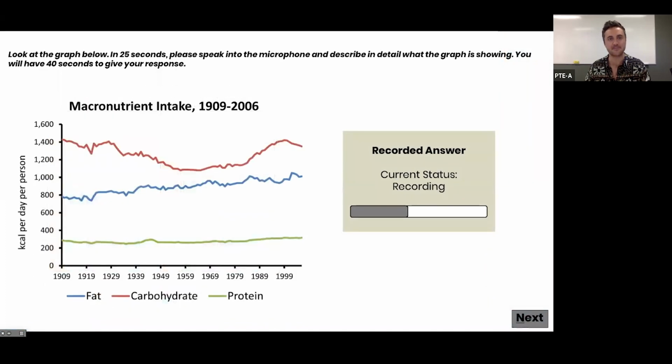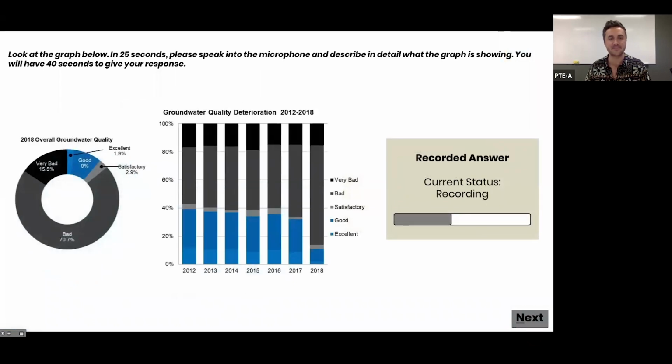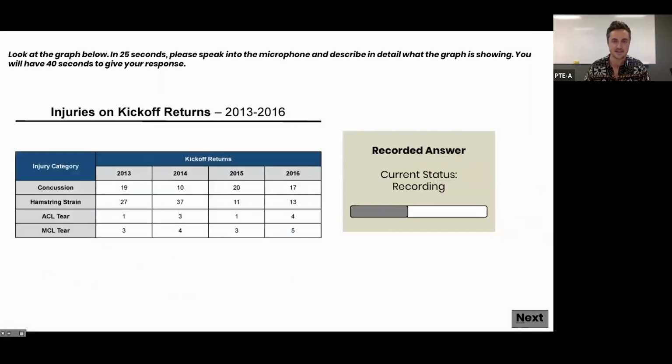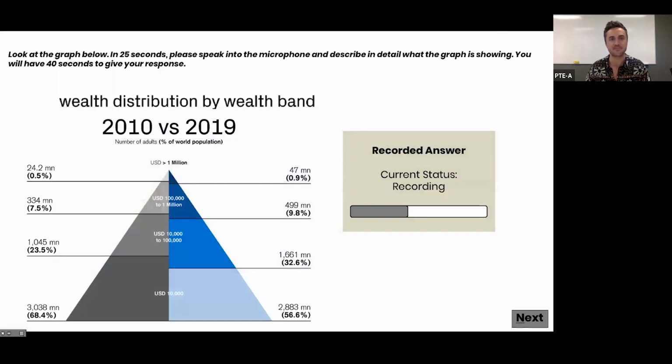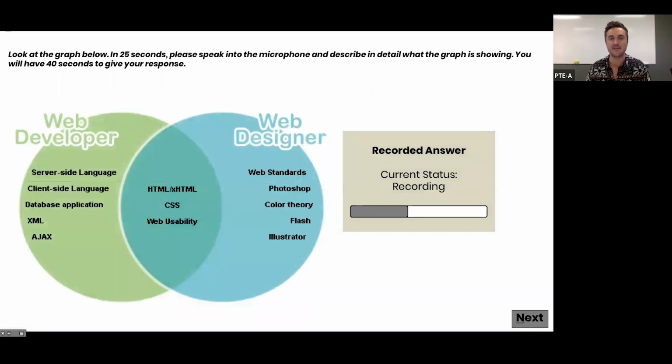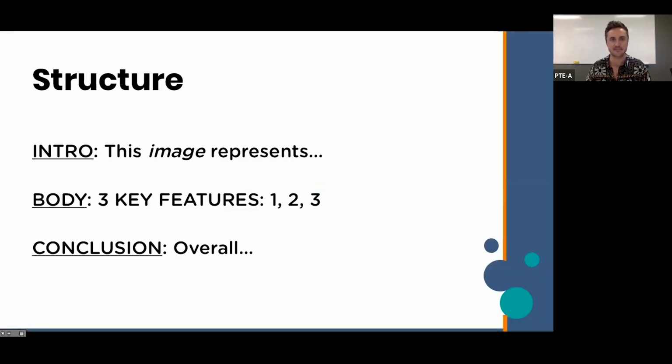Bar chart, line graph, pie chart, stacked bar chart with a donut thing, like a mixed chart, table, process, pyramid, Venn diagram, image. Cool.